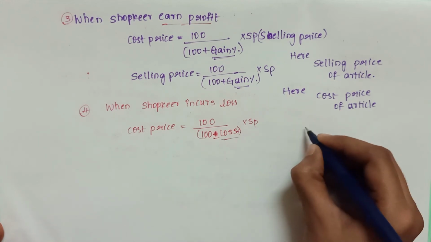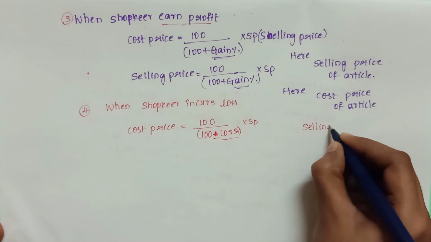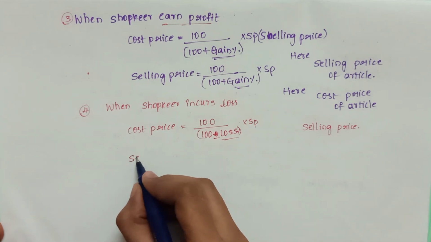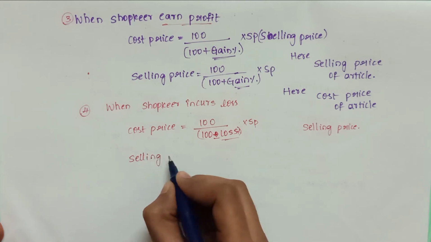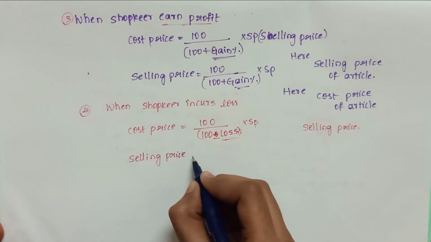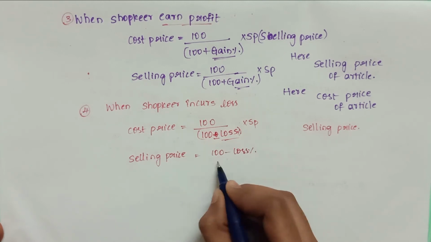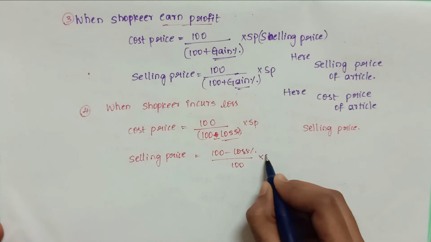Here loss means selling price, where selling price is equal to 100 minus loss percent by 100 into CP.